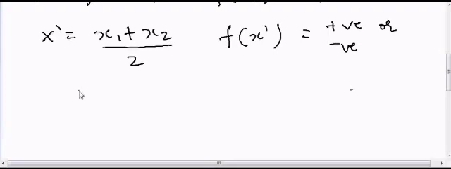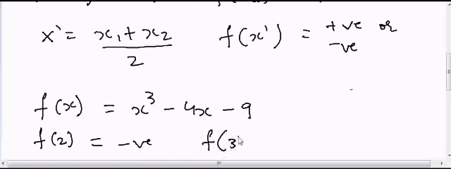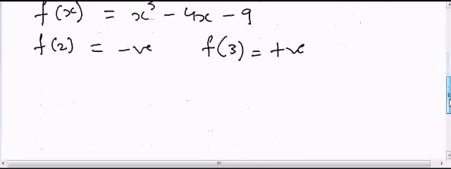So let me give you an example. If I have f of x is equal to x cube minus 4x minus 9. In this case, if I calculate f of 2, that will be negative, and f of 3 will be positive.